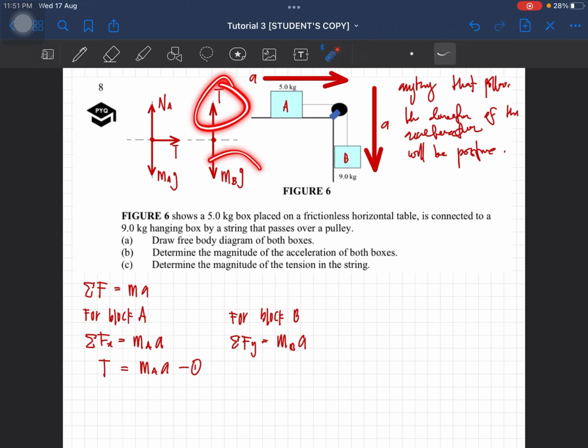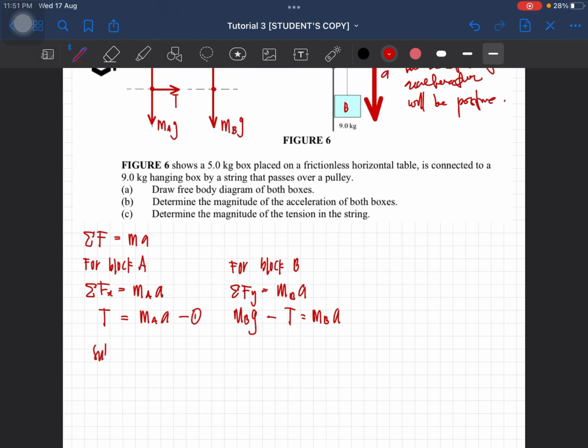Is it the tension or the weight that is positive? This weight will be positive because the acceleration is going down and the direction is the same. So mBg minus T is equal to mBa.